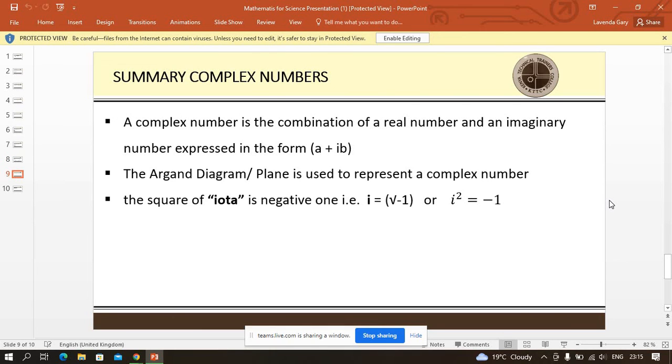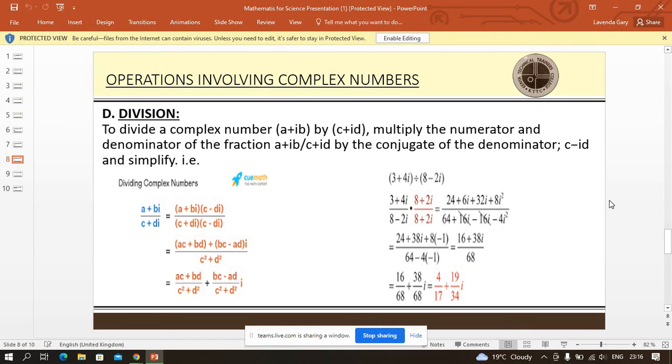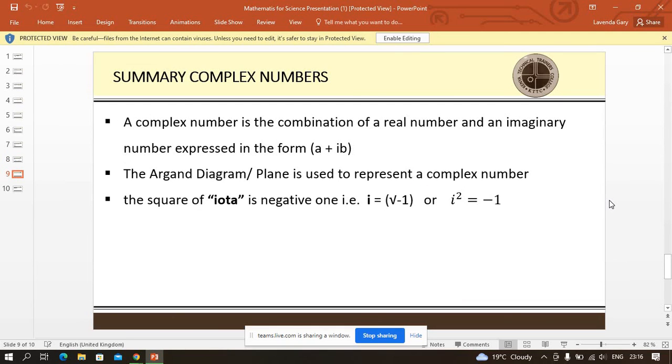Okay. So who can summarize for us whatever we've learned today? In brief. How to add, subtract, divide, and multiply complex numbers. Thank you. Another one?